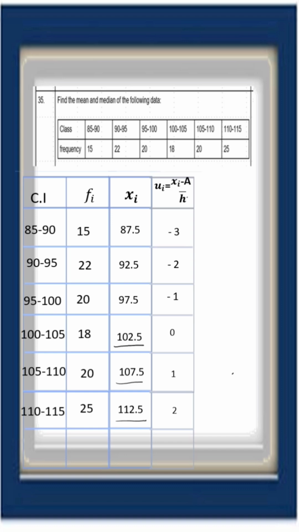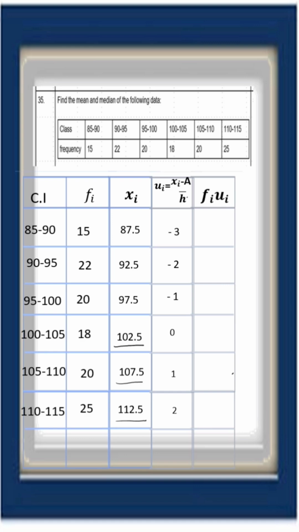Now let us find the product of fi and ui. Before that, let us create a column for fi ui. 15 into negative 3 is negative 45. 22 into negative 2 is negative 44. 20 into negative 1 is negative 20. 18 into 0 is 0. 20 into 1 is 20. 25 into 2 is 50.